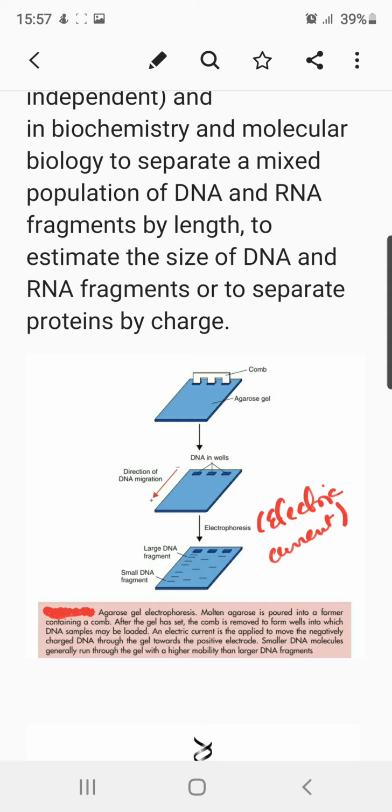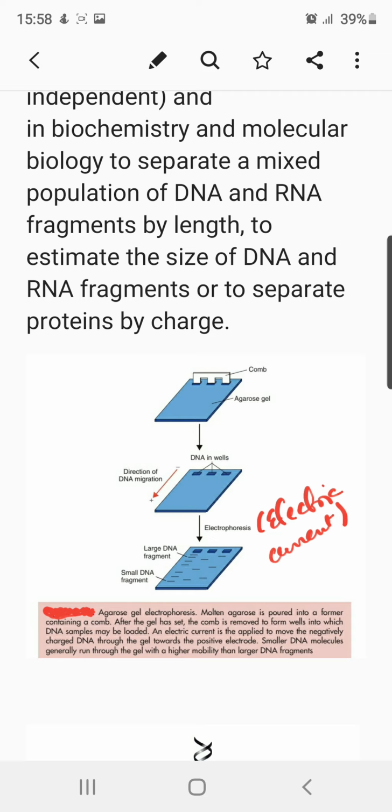Now when the machine is operated and the electric current is supplied, the DNA molecules start moving from the DNA wells, and in the course of their movement, most of the larger DNA fragments are not able to travel the maximum distance.